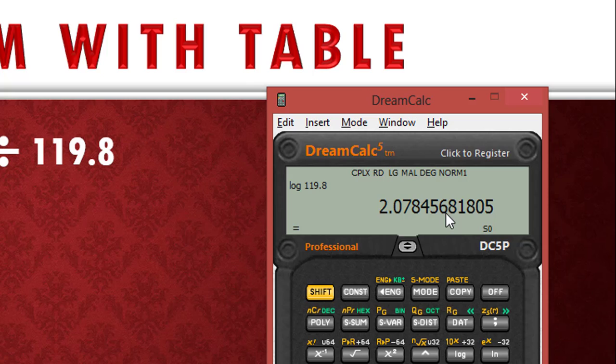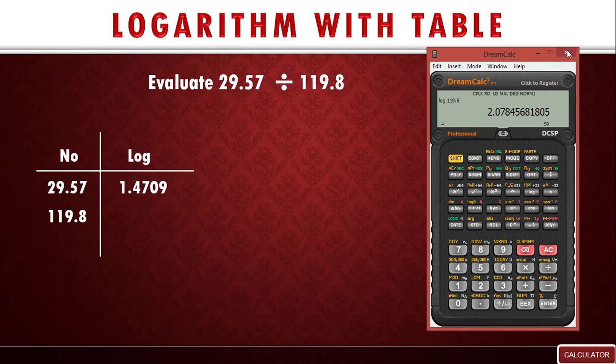If we approximate 7 to this 5, it will turn to 6, and then we approximate the 6 to this 4, and this 4 will become 5. Remember that it's 4 figure, so that means we need to have 4 digits in the mantissa side. So our final answer there will be 2.0785 for the log of 119.8.